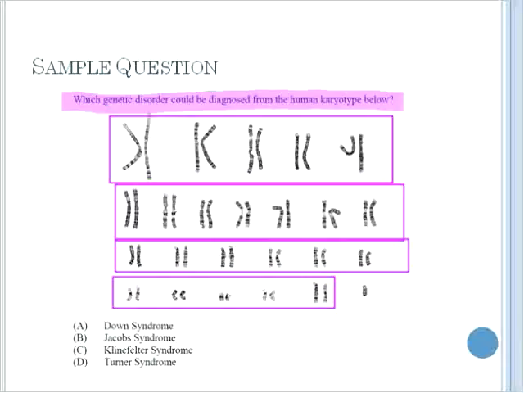However, when you get to the last set, the sex chromosomes, you'll note there's a single chromosome. This person has an X chromosome, but no Y. This situation is characteristic of Turner syndrome, choice D.